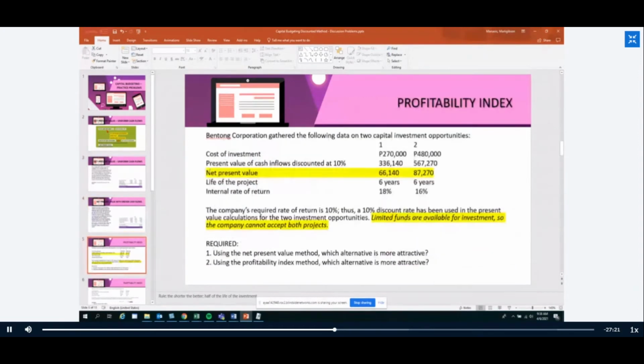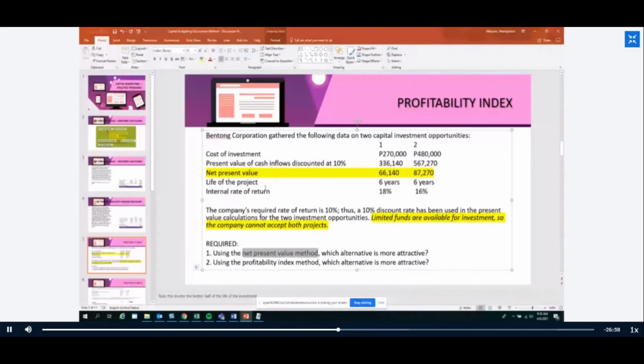Pero how about this one? Project 1 has net present value of 66,140 and Project 2 has 87,270. Ngayon, if you're going to choose which one is more attractive using net present value method.